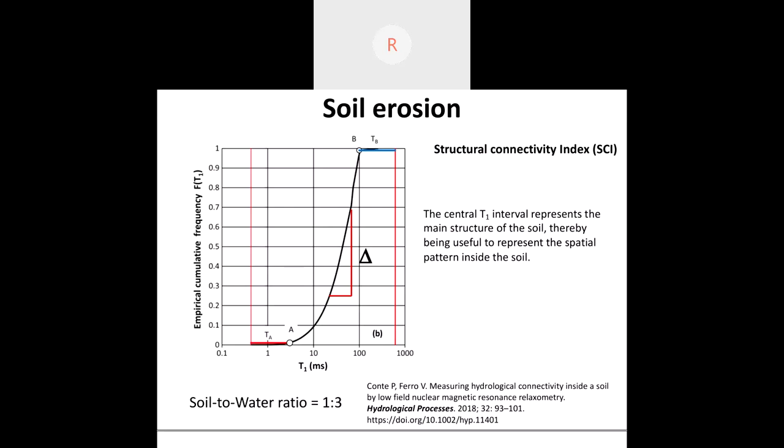Also, if we want to program, for example, at a political level, how to use the solutions for soil restoration, then we have to provide simple numbers.